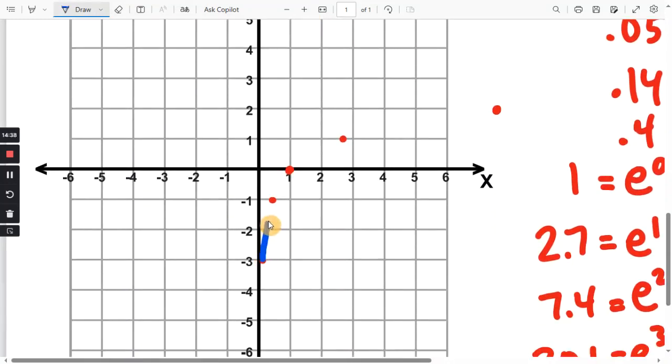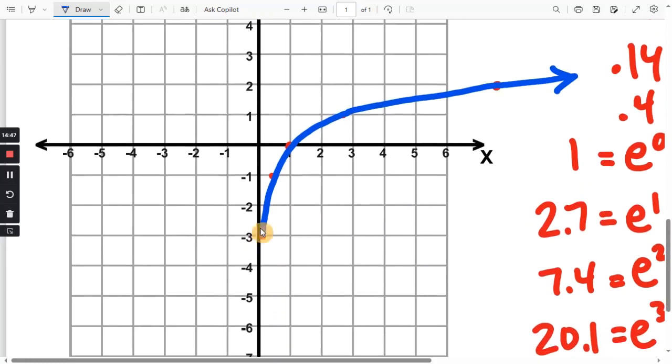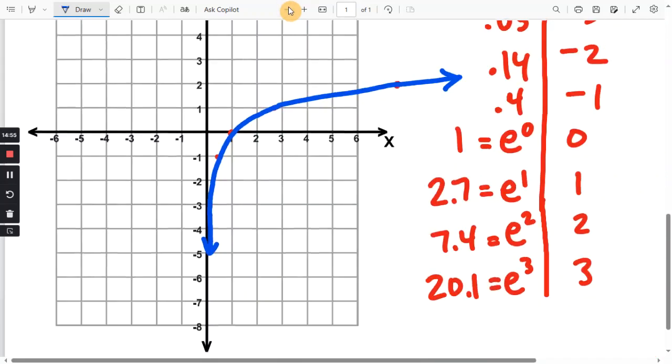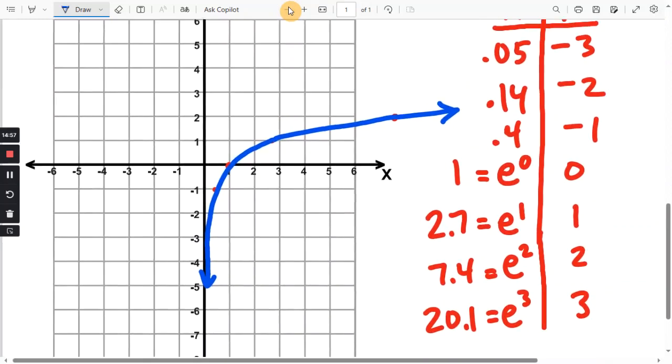All right, if I just connect these points and keep going. And on this side right here, it's getting closer and closer to the y-axis, but it never reaches. So that is basically it.